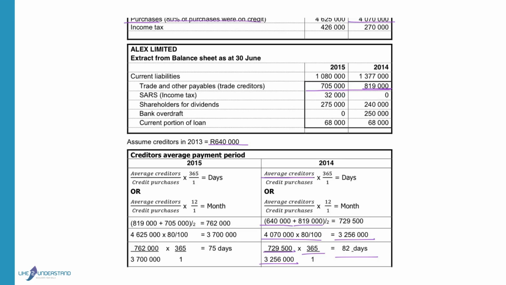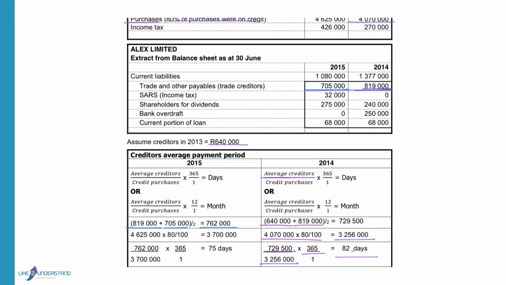Then we will do a similar calculation for 2015. So we will look at our creditors in 2015, which is 705,000, plus the creditors at the end of the previous year, 819, divided by 2, which gives us an average creditors of 662,000.